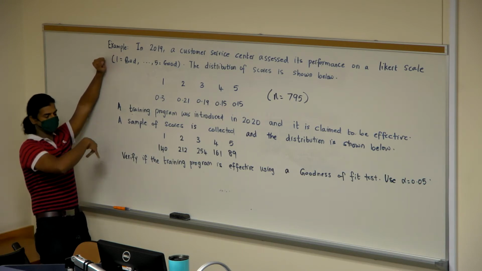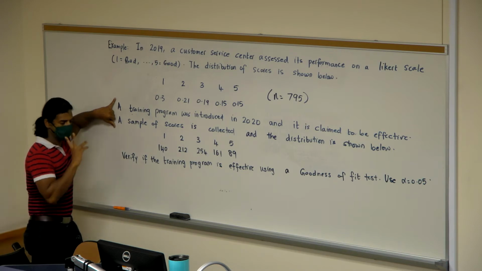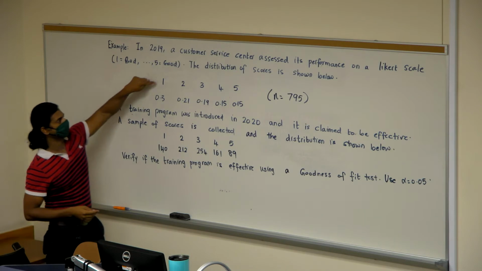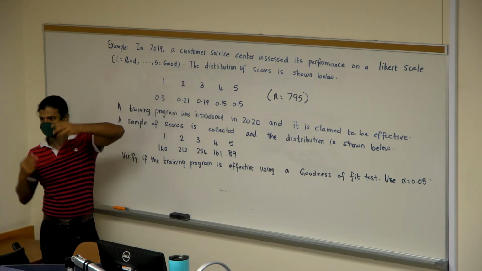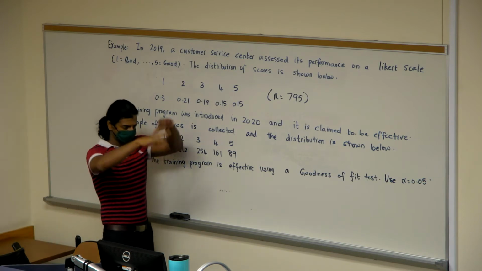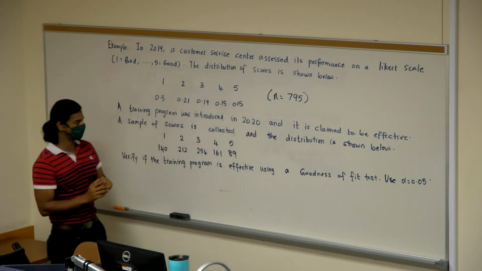So you may say a two-sample test, independent two-sample test might work, but it's not going to work well because the scores are discrete. For that to work, we want a normal population, we need continuous data.